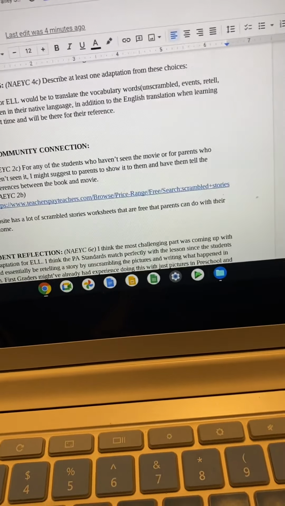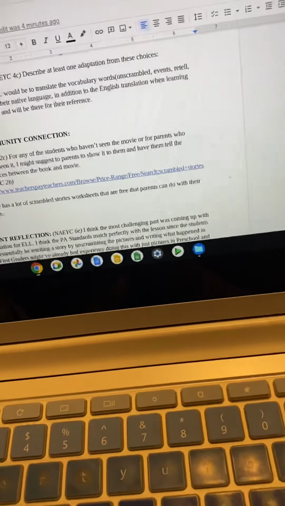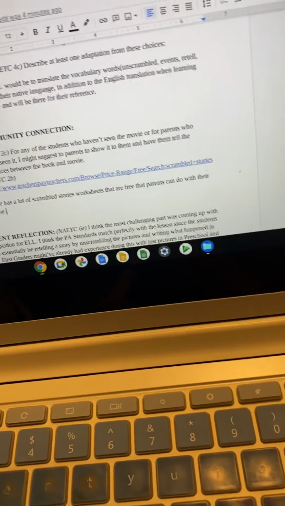Plus, it'll help the English language learner look off the English translation of the word as well.